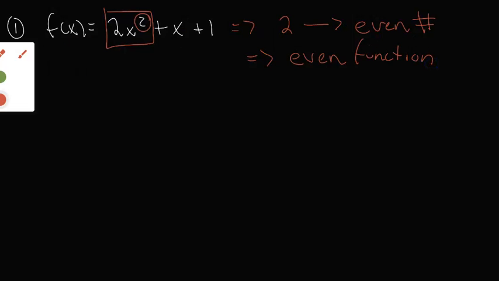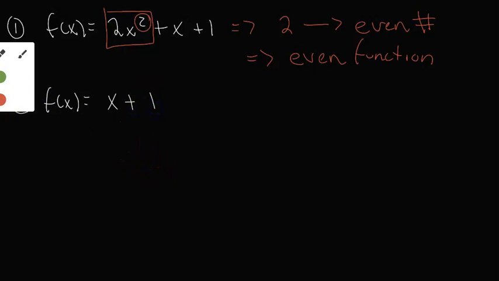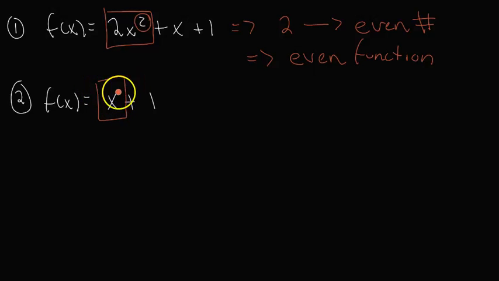Okay, so now let's try a different example. Number 2. Let's say that we have f of x equals x plus 1. Again, what we have to do is identify the x with the greatest exponent. In this case, we only have one x, but there is no exponent associated with it.